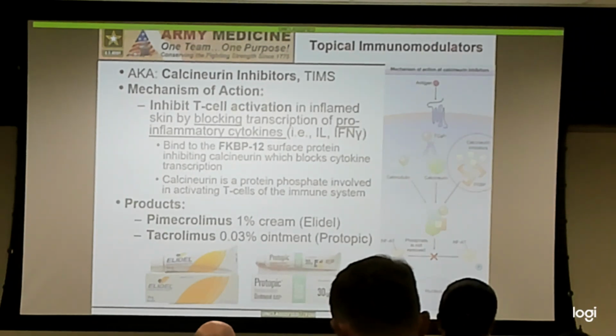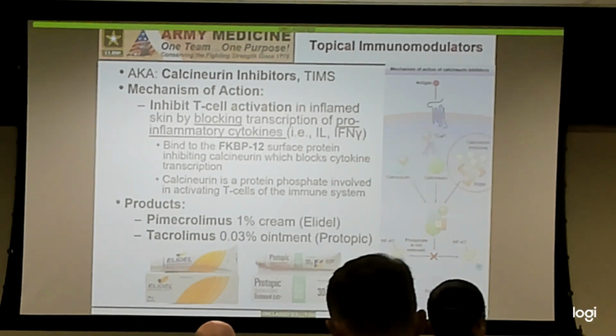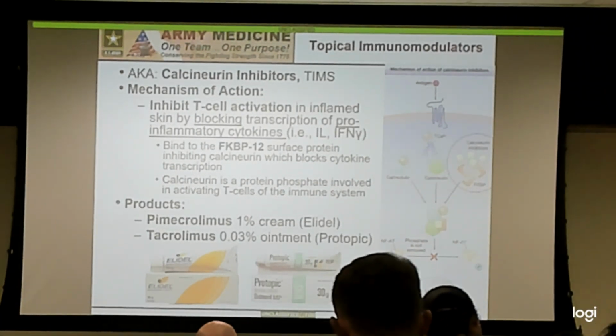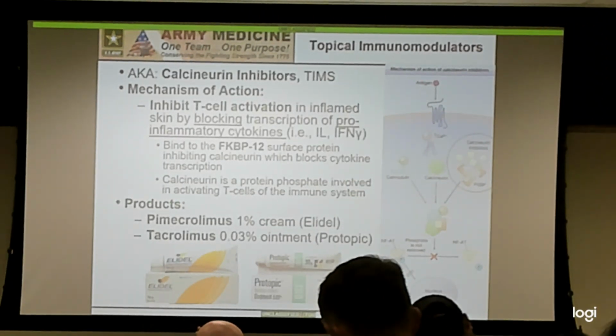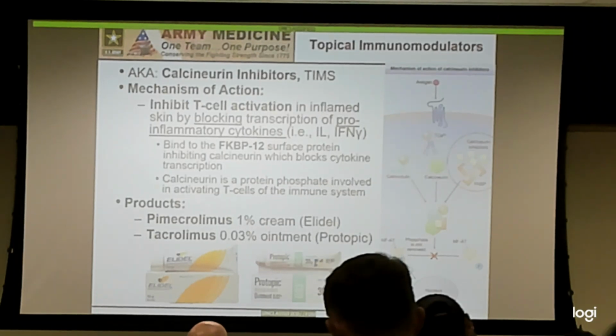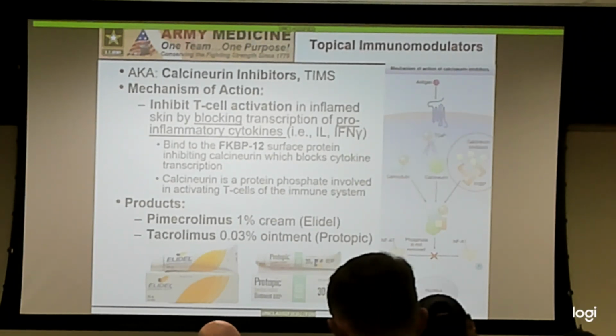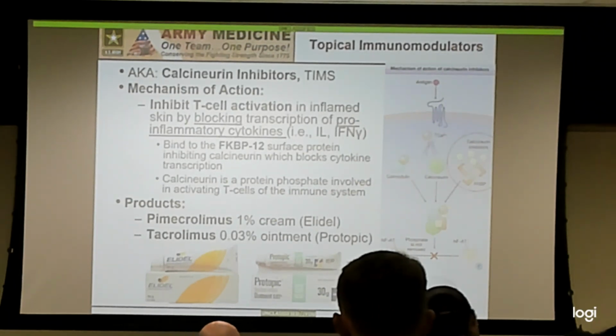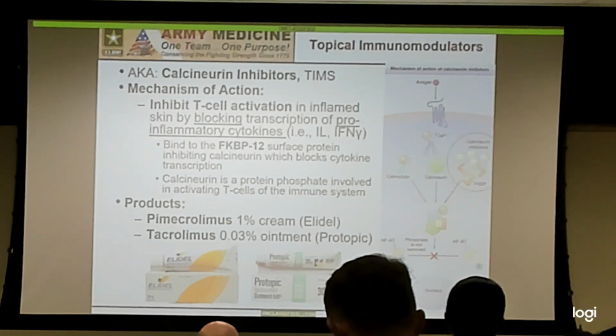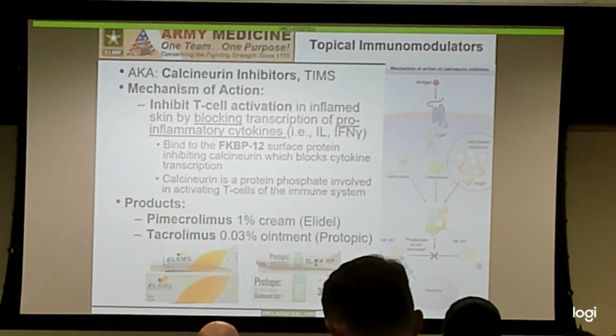So when we're looking at our TIMs, our calcineurin inhibitors, what they're doing is inhibiting that T cell activation from occurring, which is supposed to stop our pro-inflammatory cytokines from causing the inflammation that they're seeing. Okay. Again, sometimes because of this being a chronic condition, patients will respond to it one flare-up and not the next.